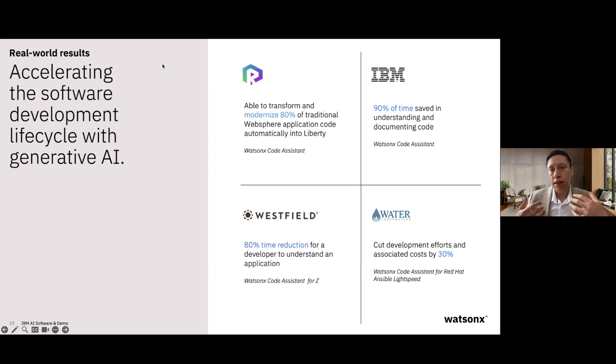We're helping thousands of customers find value throughout different parts of the software development lifecycle, from understanding code bases, planning their modernization, doing the actual transformation with the combination of automation and generative AI, helping them build net new applications, helping them test it with tests they themselves create, all the way to DevOps and maintaining their lifecycle. Watson Code Assistant is the answer.